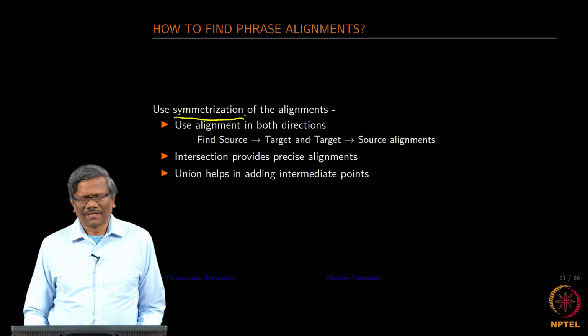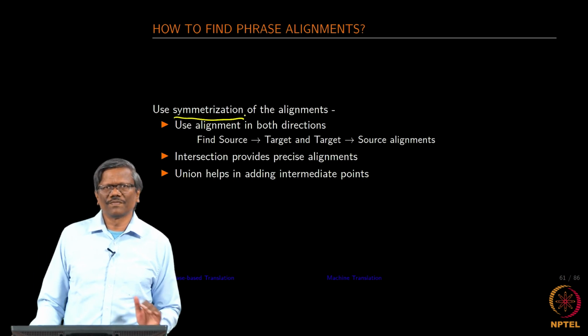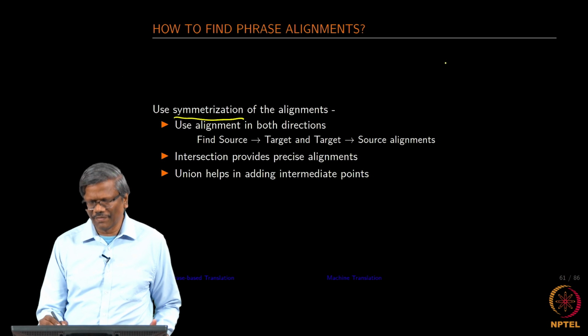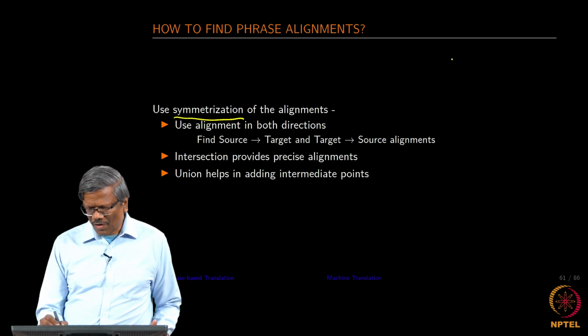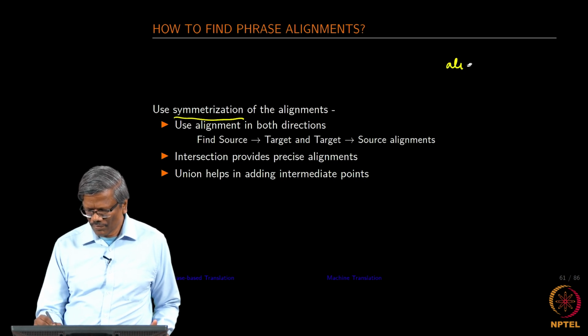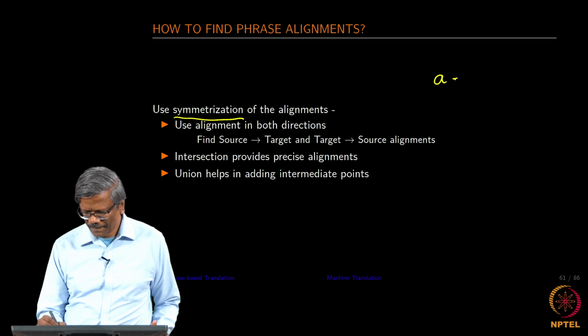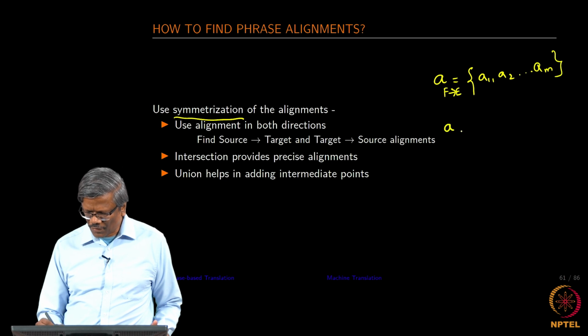This process is very simple. What we do is take the English sentence and the foreign sentence as a pair, and then form the alignment table from the foreign language to English, and then form the alignment table from English to the foreign language.